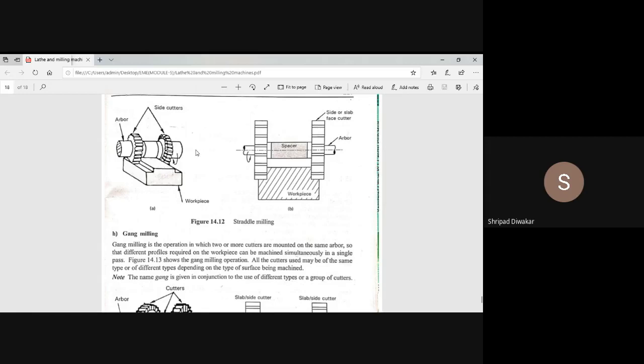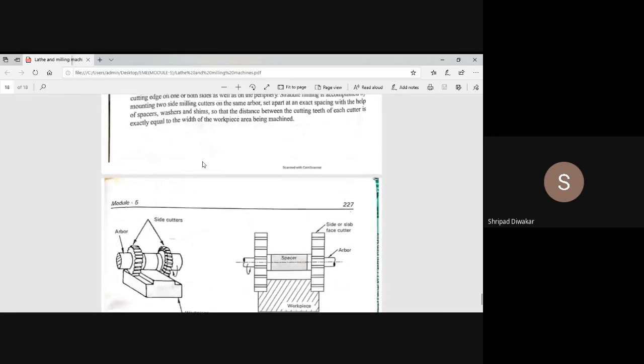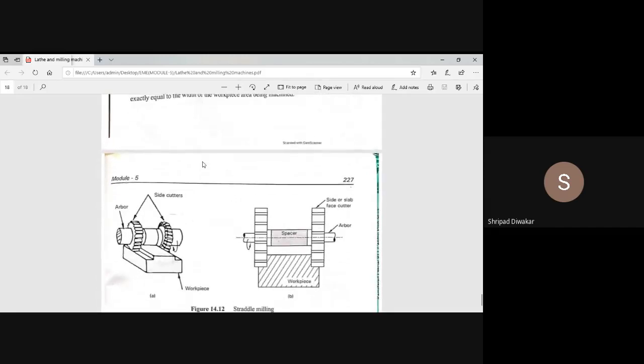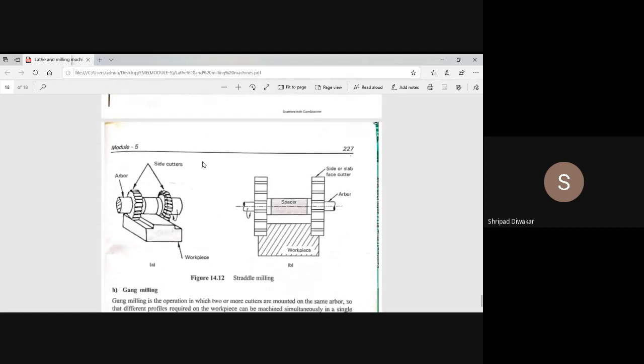So whenever the side cutters are fixed at a time, such kind of operation is called straddle milling. Okay, straddle milling, in which the two side milling cutters are fixed in the arbor.